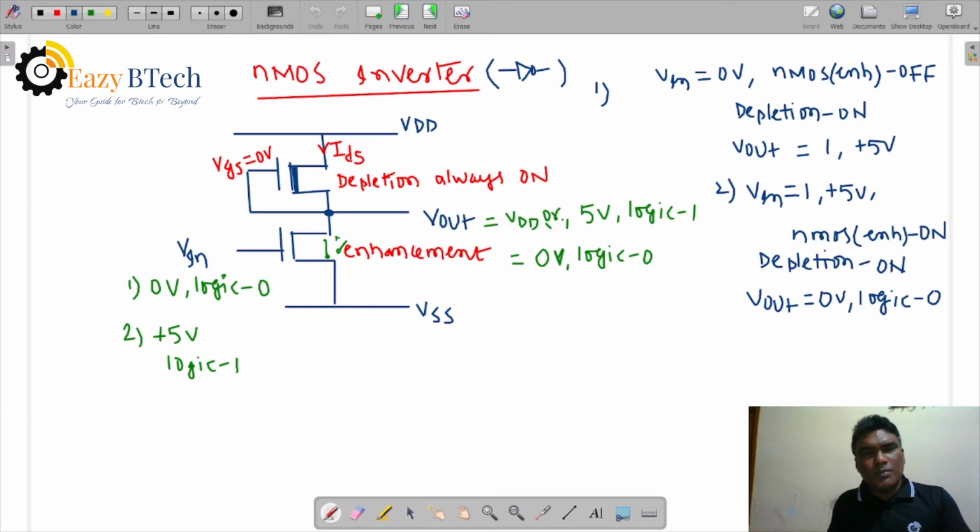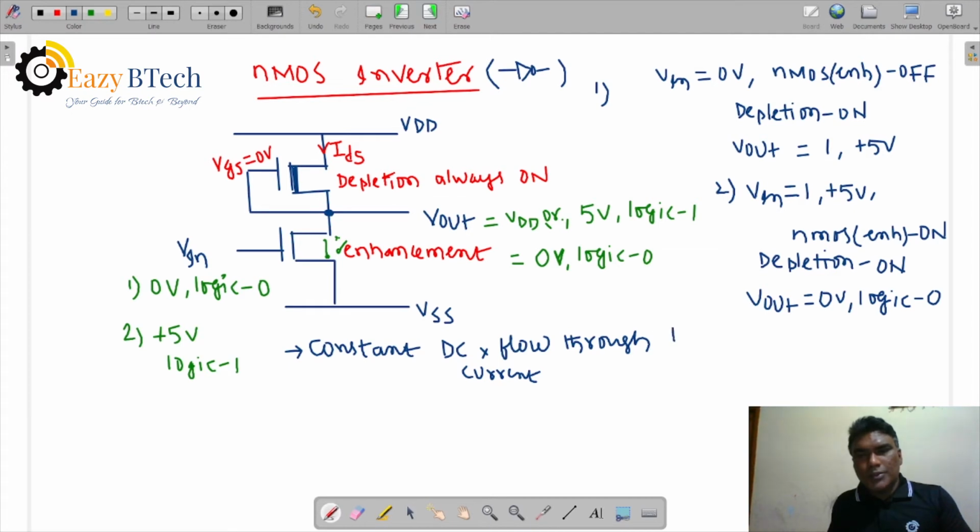Depletion mode transistor means it is an always on transistor. So there is a constant DC current flow through the depletion mode transistor, through the drain and source terminal.